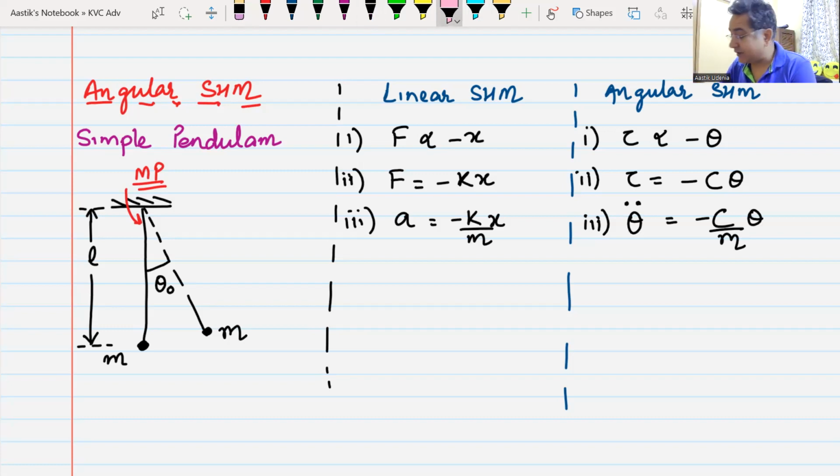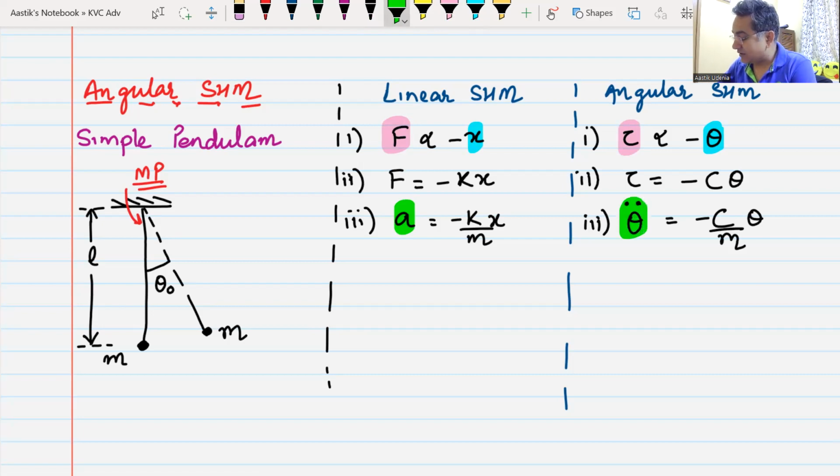See, in linear motion we had x. In angular motion we had angular displacement. In translational motion we have force. In rotational motion we have torque. For translational motion we have acceleration.